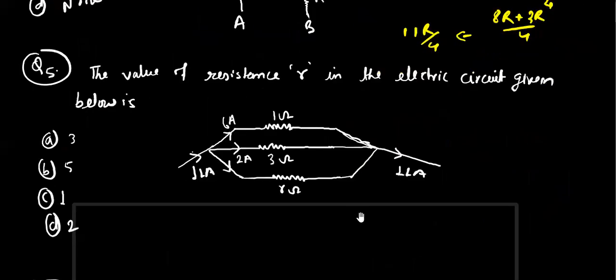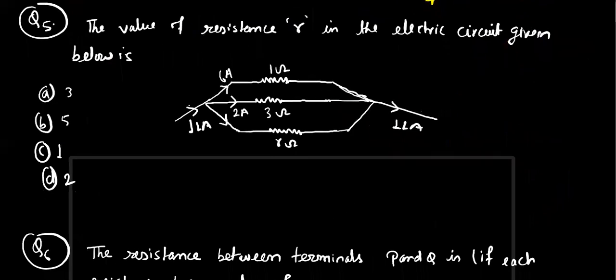Okay, now we are heading to question number 5, and here is given the value of resistance R in this electric circuit given below. We have to find its value. Just as we know, these three resistances are in parallel combination. That's why the potential of these three branches will be the same. Here the value of current is 6 2 and the overall value of current is 11.